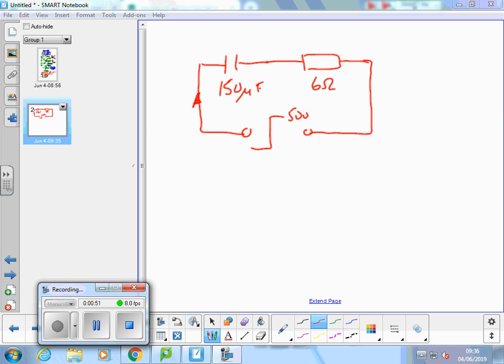Use Laplace transforms to determine an expression for the voltage across the capacitor during the transient period.